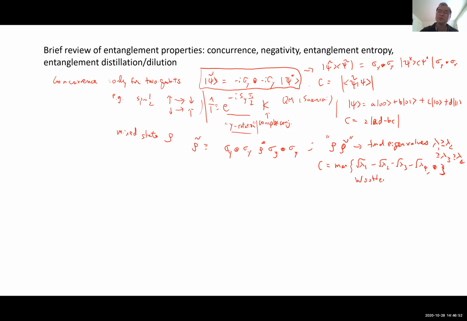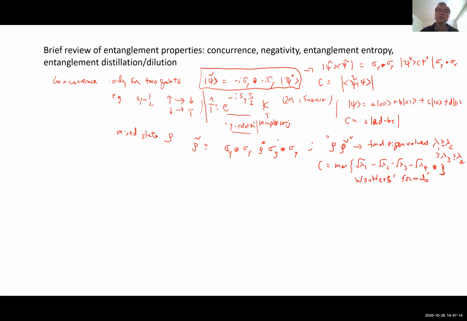But it's not the detail. I won't be able to prove it, of course, because it took a lot of effort for Wootters to prove this in his proof of the exact formula for entanglement of formation.